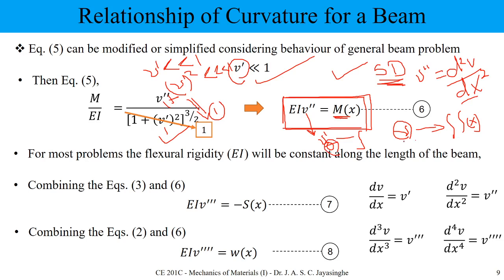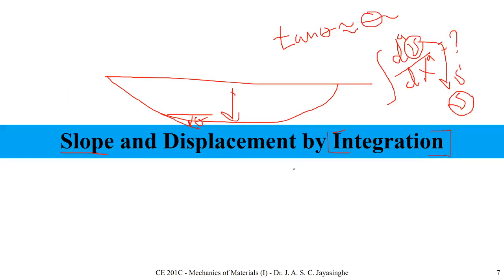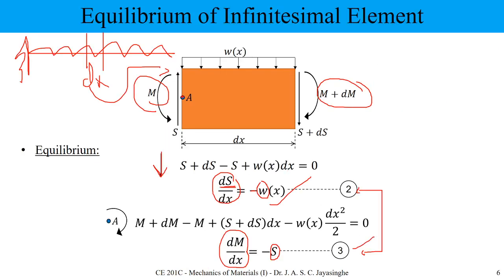At the same time, we can modify this equation by using equation number 3 and equation number 2. Equation number 3 means this equation, and equation number 2 means this equation. So we can start from here.